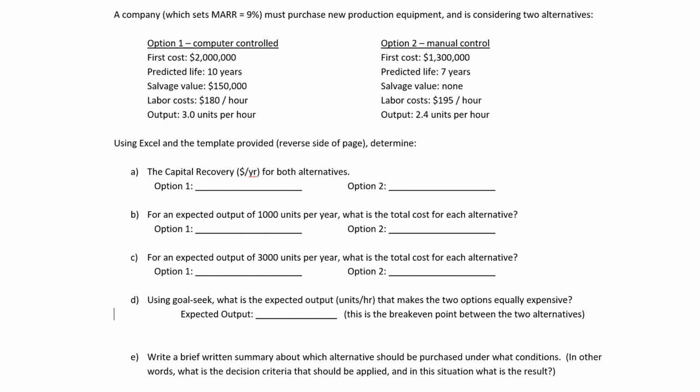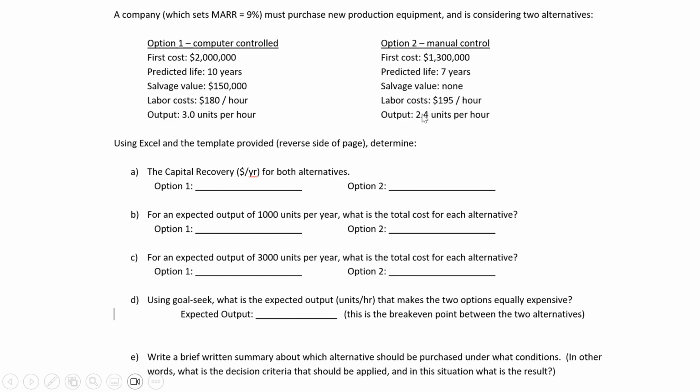But what we've got, just to discuss the setup, is we have two different alternatives. Some equipment that's computer controlled, that's expensive, that has a high upfront first cost. And then we've got a manual controlled option that has a lower first cost, but higher labor costs and lower productivity.